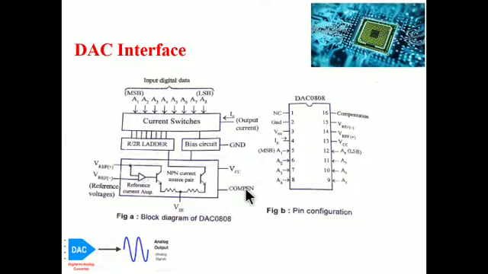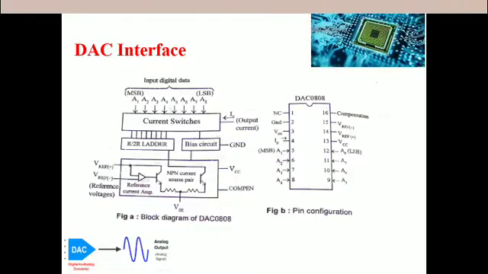The IC consists of a reference current amplifier, the R-2R ladder network and 8 high speed current switches. It has 8 input data lines, A1 to A8, which control the position of the current switches. That is very important.